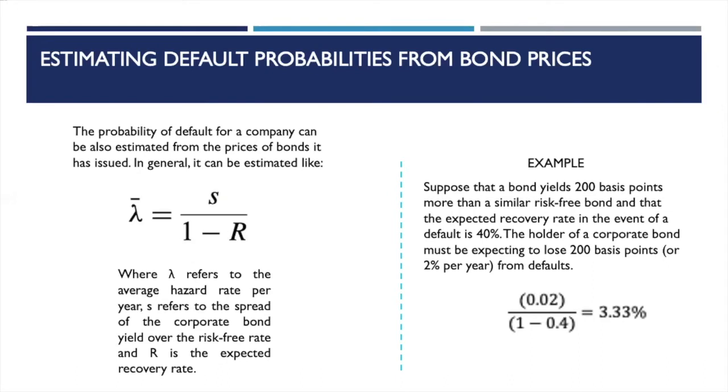So, knowing this, we can calculate the probability of default for this bond, using 0.02 as the spread of the corporate bond yield over the risk-free rate, and the 40% as the expected recovery rate. That gives a probability of default of 3.33%.